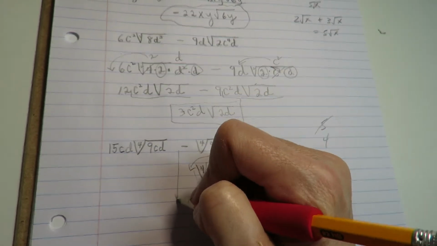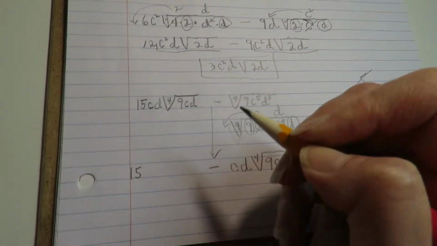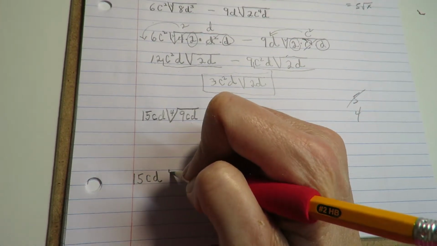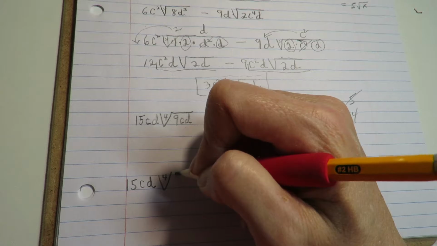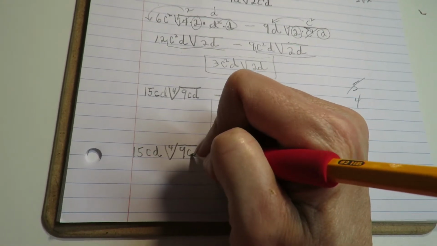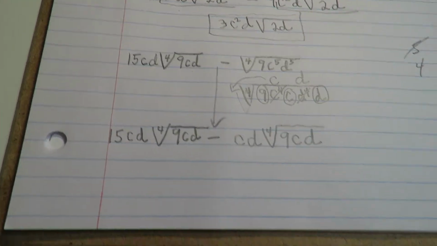All right, let me bring everything else down. There's my negative. Let me bring this guy down. 15 c d fourth root of 9cd.